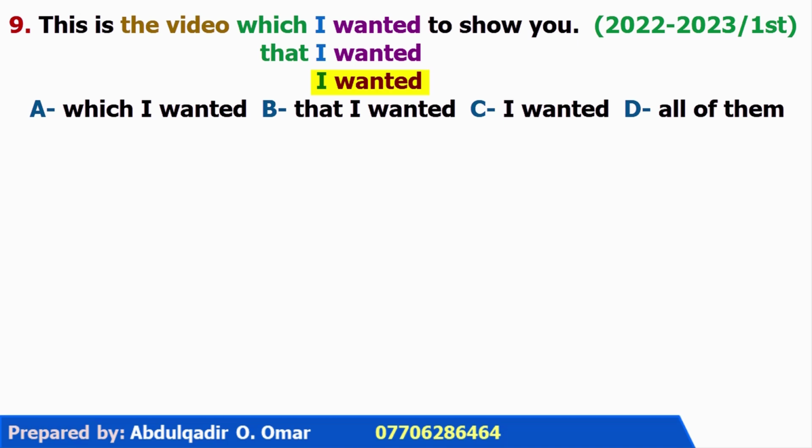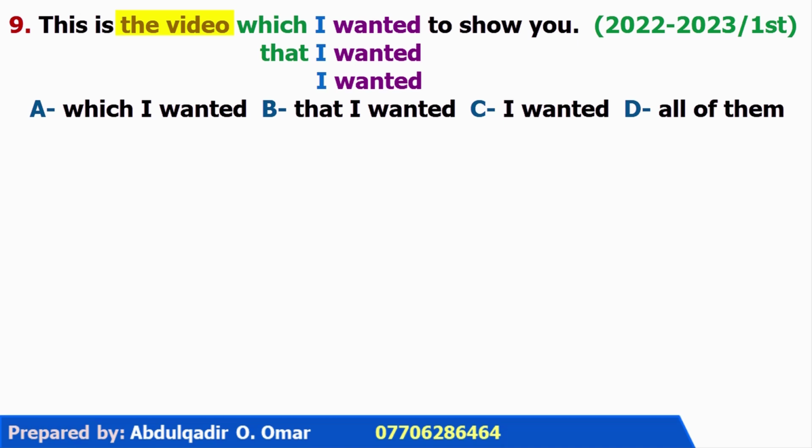So, first of all, make sure there's an agreement between the relative pronoun and the preceding noun. Here, the preceding noun is the video. It's a thing. So, in both options, A and B, the relative pronouns which and that agree with the noun video. And what is more, focus on the items that come after the relative pronouns.